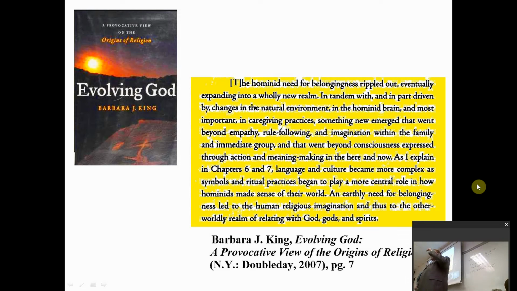So this is her theory that the development of a God consciousness comes from this sense of wanting to belong to something, to belong to the social group. Okay? And as the humans evolve along their path, it becomes kind of, I guess, crystallized or formalized in this idea of a God.